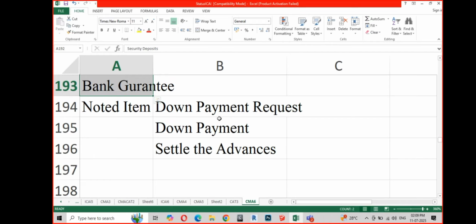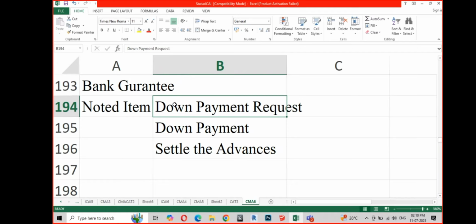Now, how does it actually start? How are the advances either made or received? I pay money in advance and I receive money in advance. So how do these transactions actually trigger? It starts with a down payment request.